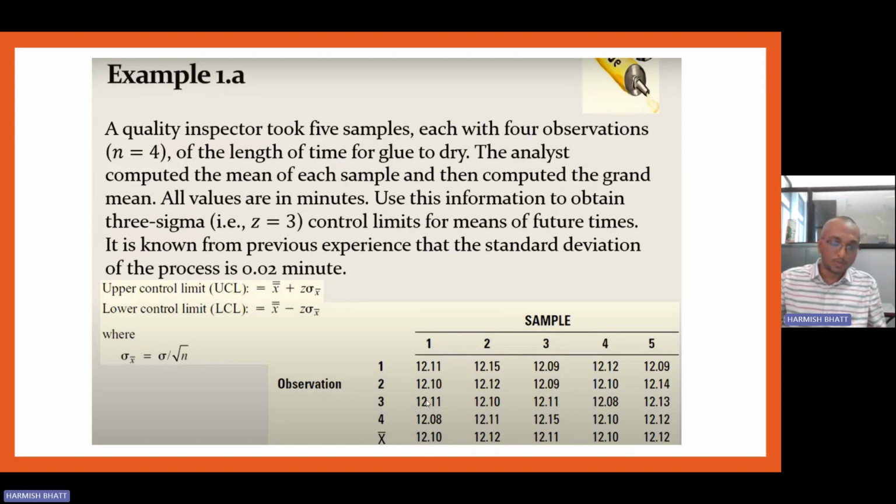If you do the summation of all these 4 values and divide it by 4, the small n, then you will find that the average of sample 1 is 12.10. In the same way, if you do the summation of all the values of sample 2 and divide it by small n, equal to 4, you will find it is 12.12.